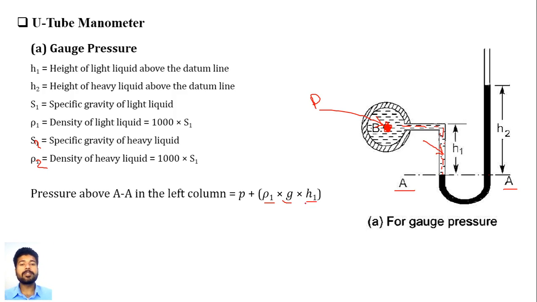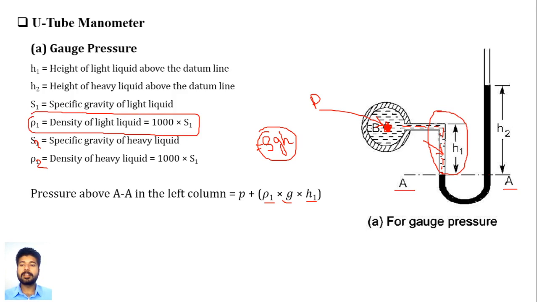So we simply need to remember the equation that the pressure equals rho g h, which we apply every time. For this left limb the density is rho 1, so the pressure is rho 1 into g into h1.